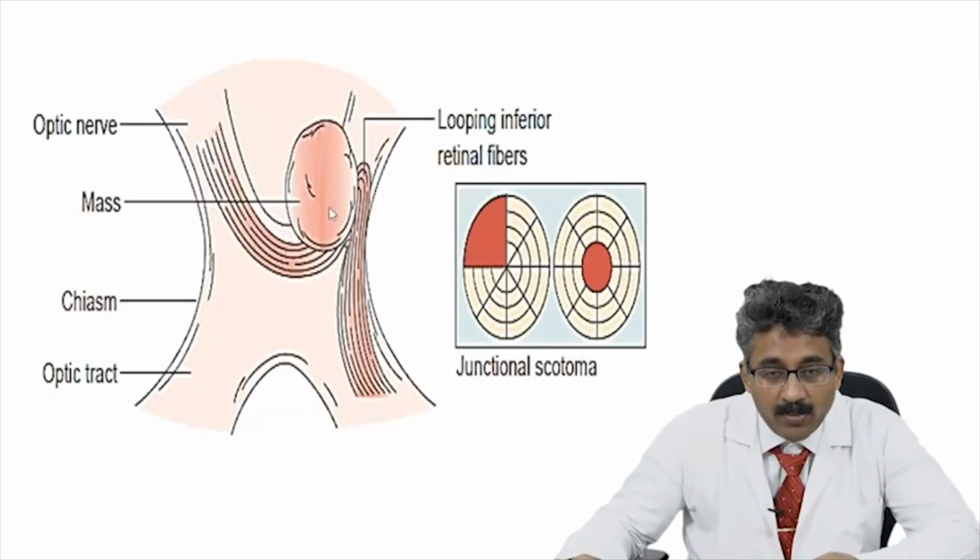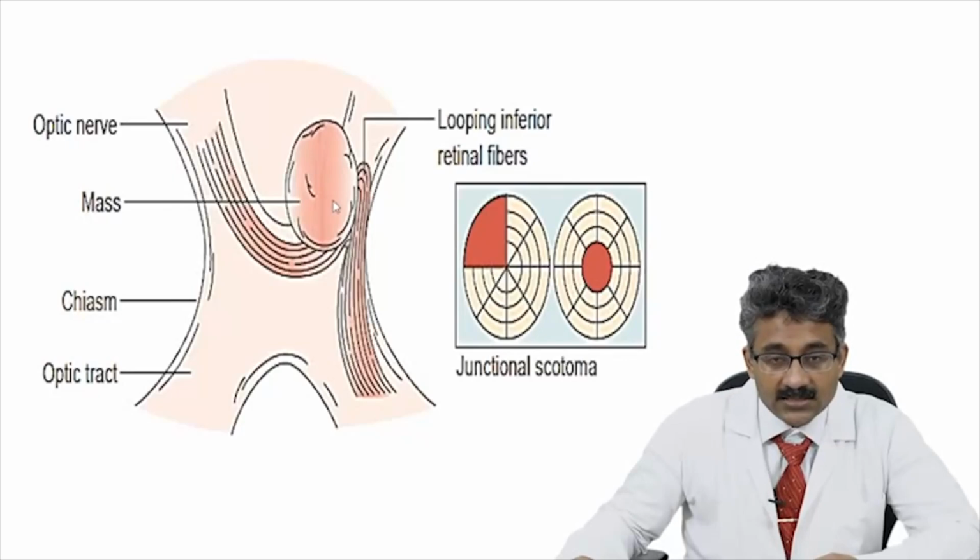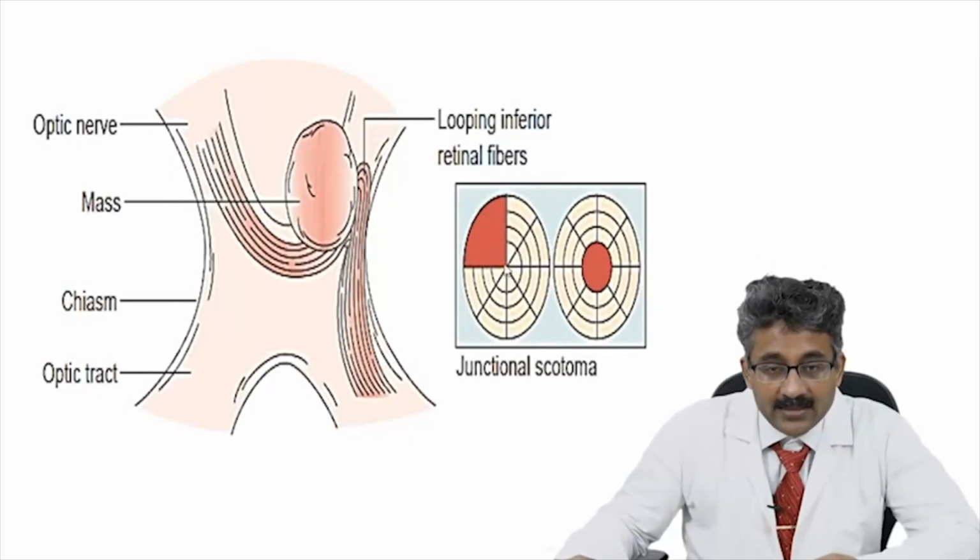So in the left eye, the nasal fibers which have crossed will be damaged by this tumor. So in the left eye there will be a superior temporal quadrantanopia, and ipsilateral central scotoma. This is a junctional scotoma.